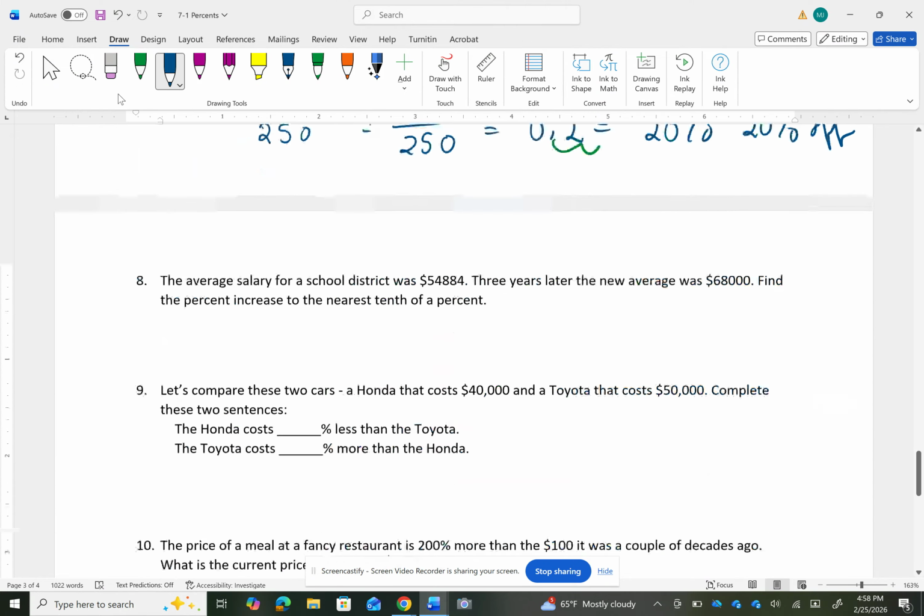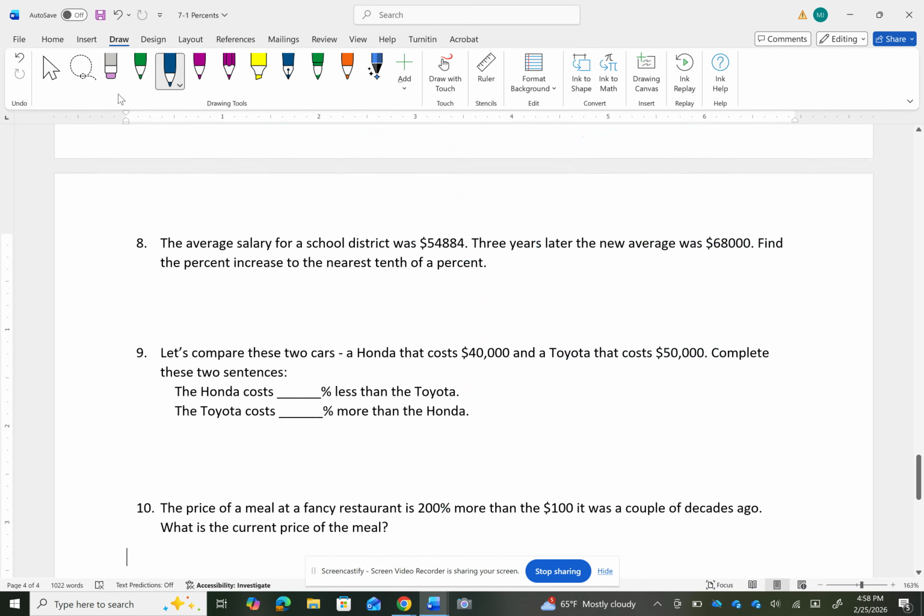Now let's take a look at this next one. On this one we have the salary for a school district. Average salary was $54,884, and then 3 years later the new average salary was $68,000. Notice it went up there. So we could find the percent change by taking the new average salary and subtracting the original.